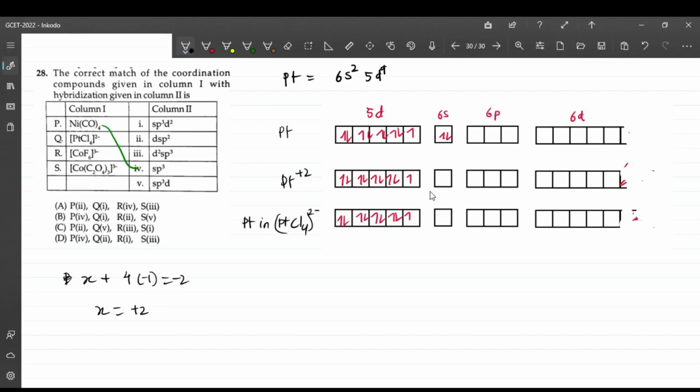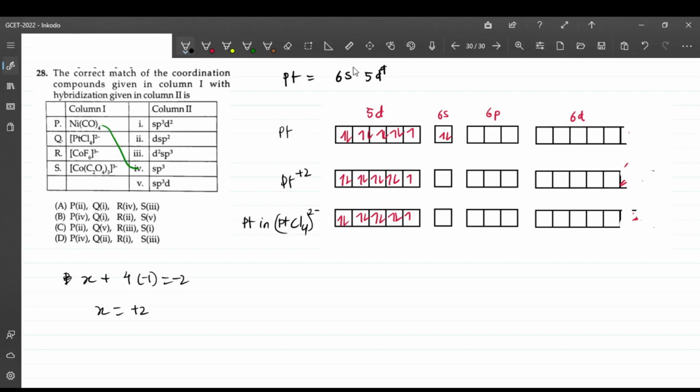Okay, in platinum 2 plus, these 2 electrons will be removed. There is no pairing taking place. Yes, there is no pairing taking place. Okay, here the mistake which I made is this is 1.